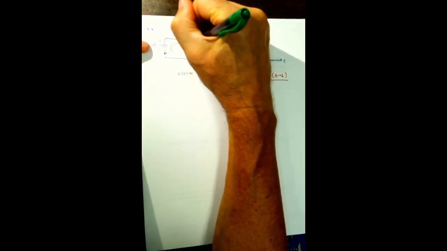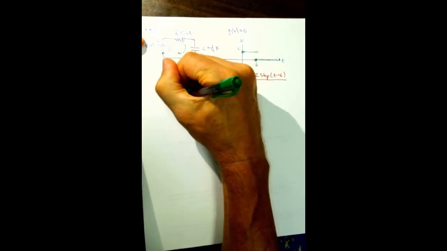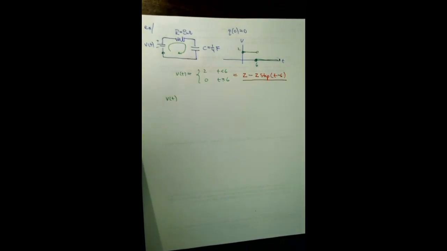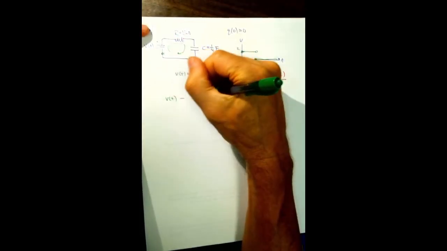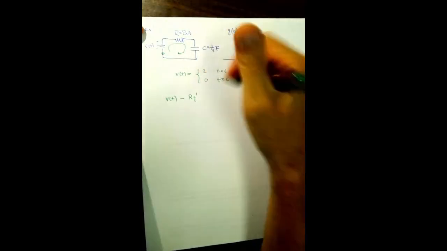All right, so now if we start there, we're going to assume the current goes in that direction. So as I go across the voltage source, I'm going to have a gain in voltage of v of t. As I go across the resistance, I'm going to have a drop in voltage of R times the current. The current is the derivative of the charge.